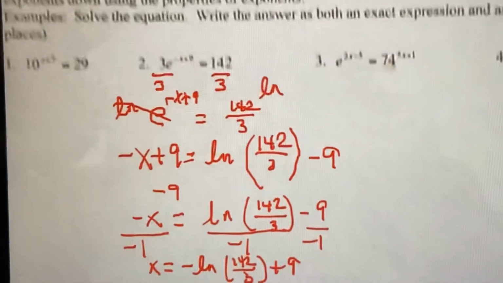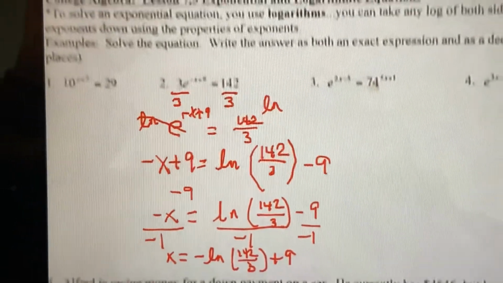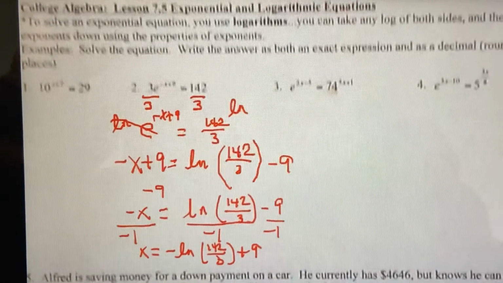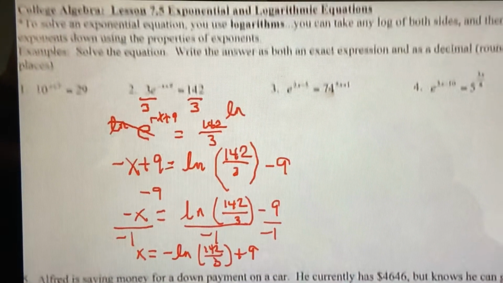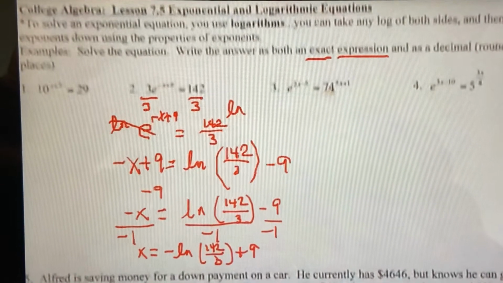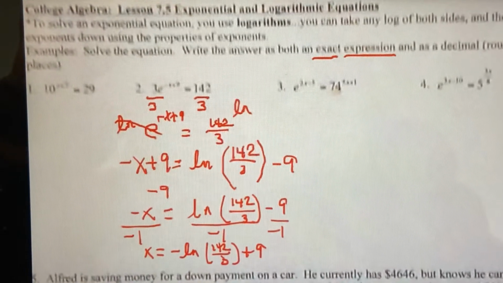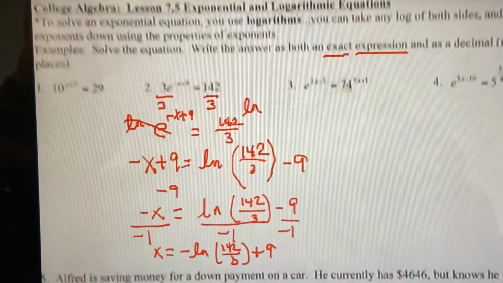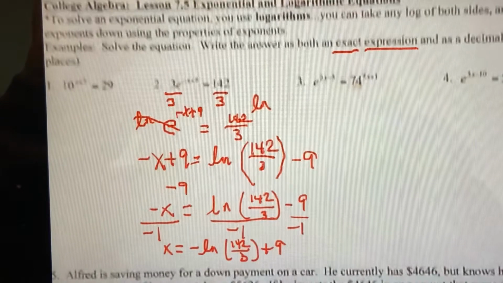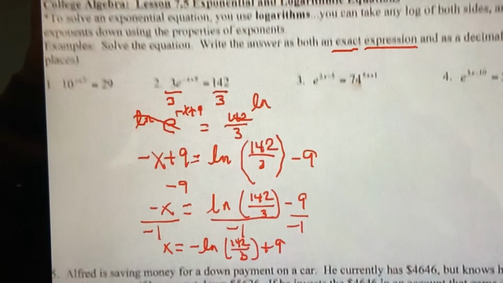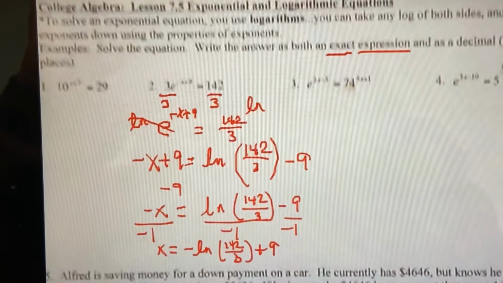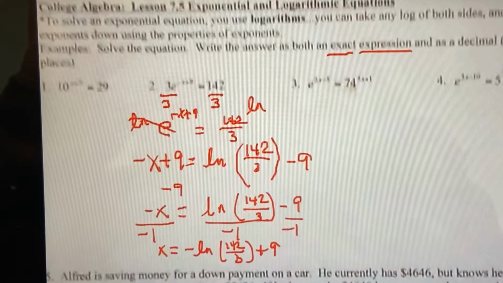Okay, now, the reason I have to keep the fraction in there at first is because it says write the answers both as an exact expression. So that's what I have there. This is called an exact expression. Okay, that's showing the logarithm not as a decimal. But then they also want me to make that into a decimal, so round it to 2 places.